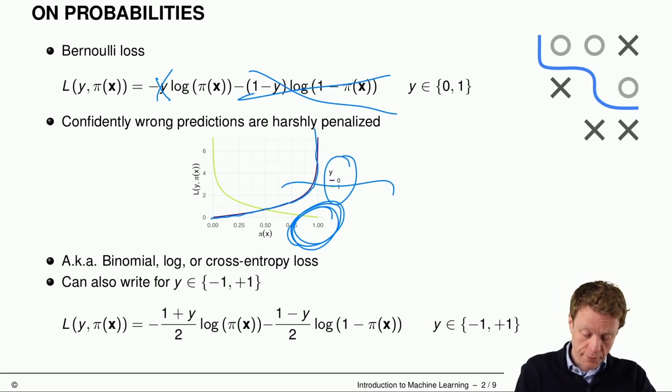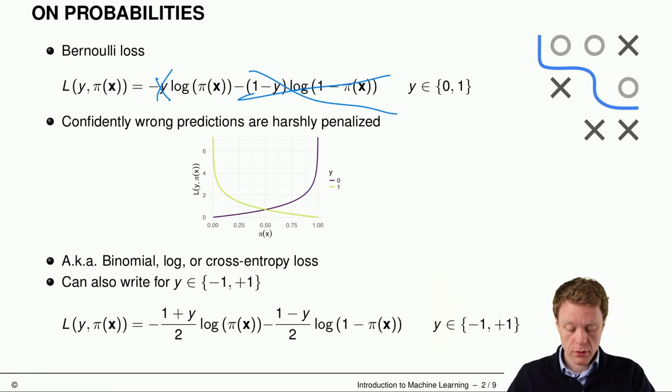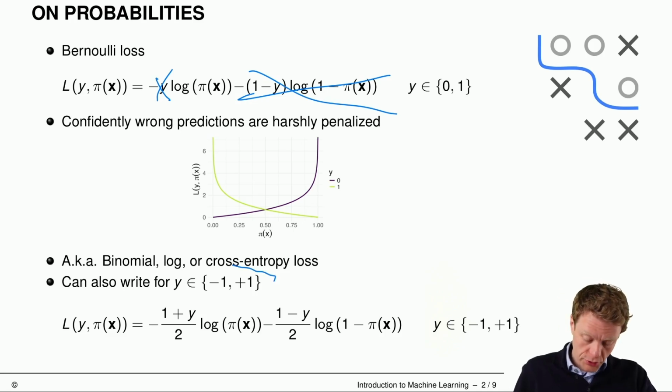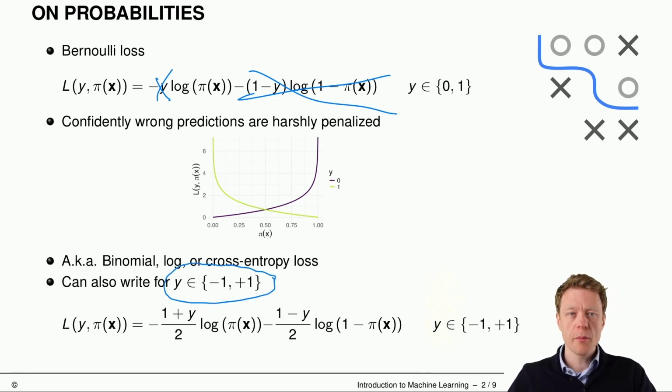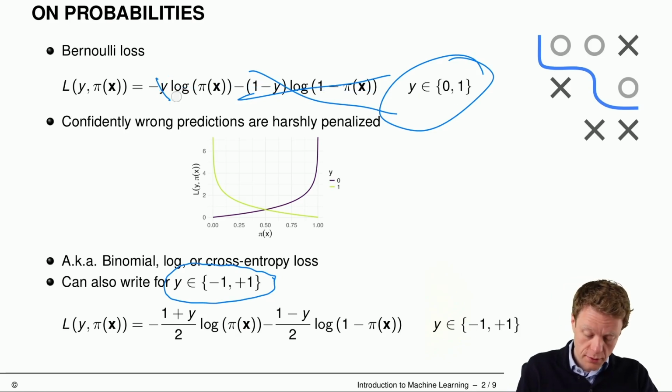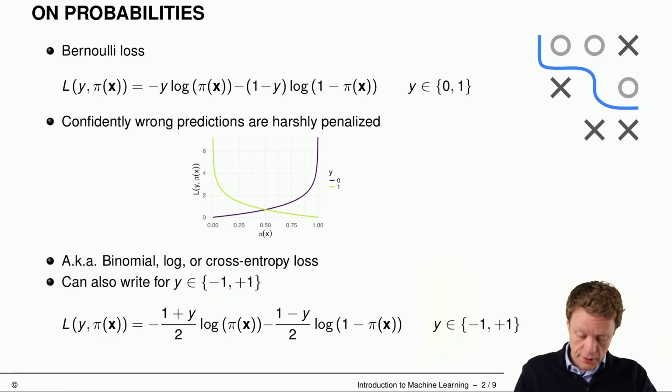Okay, so we have these different names here: binomial loss, log loss, cross-entropy loss, logistic loss, Bernoulli loss. If we want to encode the target variable with -1 and +1 instead of 0 and 1, then we can have this alternative version of the log loss. You can hopefully see that this is the same thing. So if we insert y equals 1 here, then this is 1, that part goes away, right? Because that's 0.